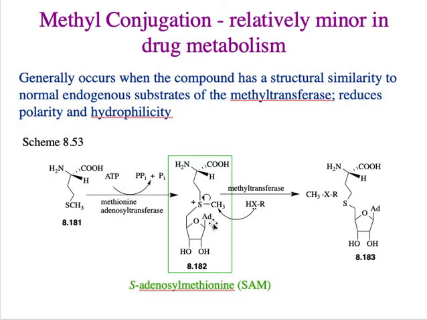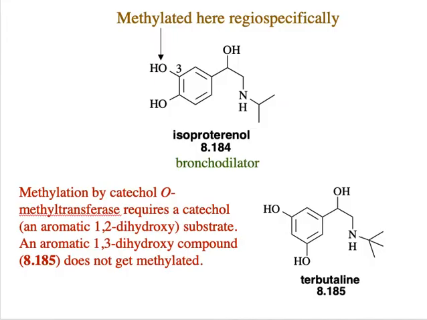This is going to be your biological methylation reagent of choice, and it can methylate a lot of different compounds. In drug metabolism, it's kind of minor, and that makes sense, right? Because it reduces polarity and hydrophilicity, so that kind of sucks. But in normal metabolism, the regular homeostasis metabolism that keeps you alive, this methylation capacity that you have is very important.